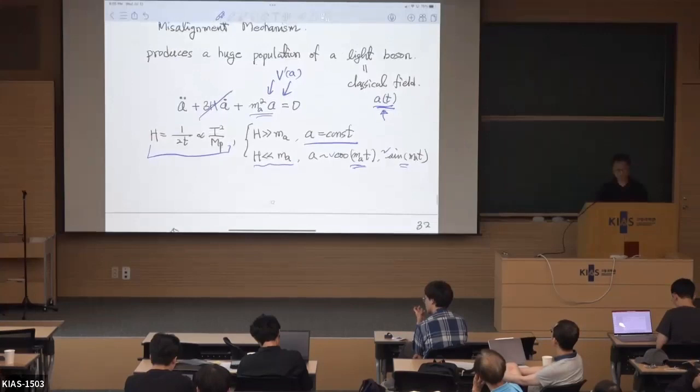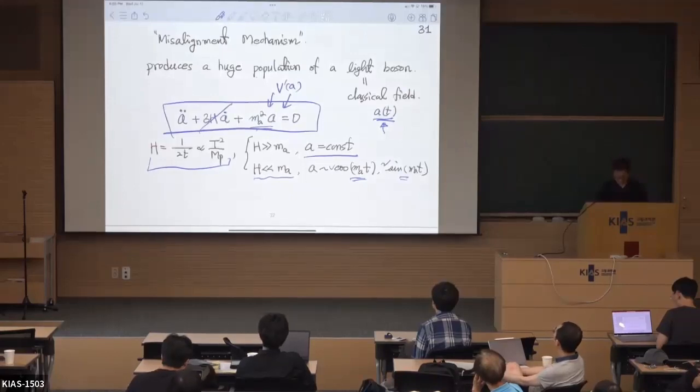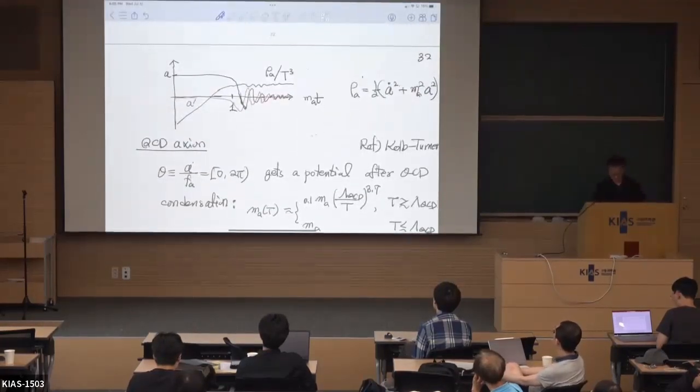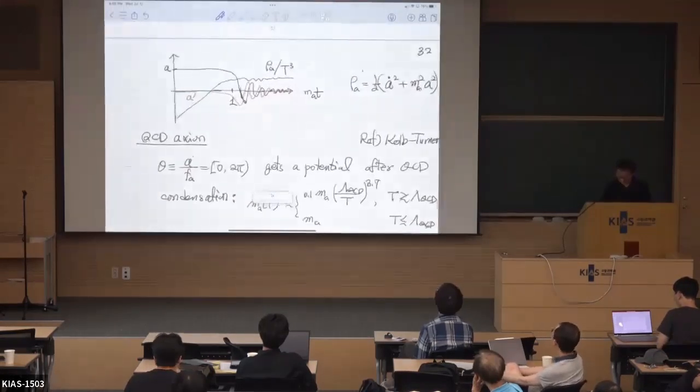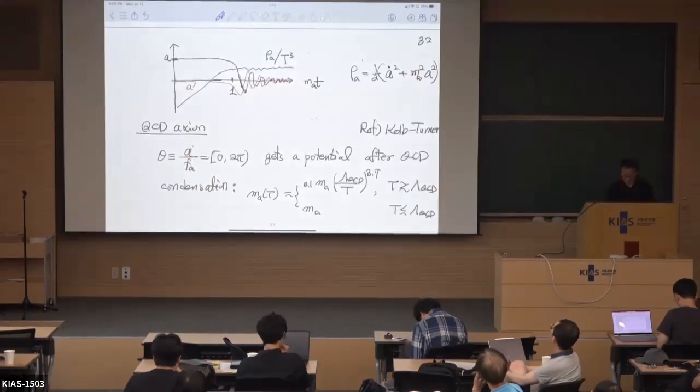In general, the complete solution of this is Bessel functions, as we learned this morning. Again, this picture was also shown by Professor Kolb. Let's start with some initial amplitude of A, assuming the initial velocity A dot is vanishing.